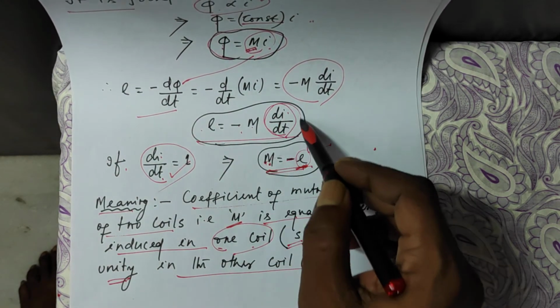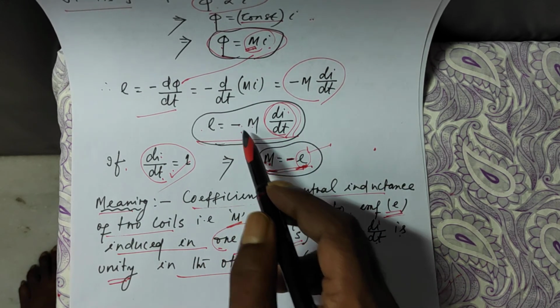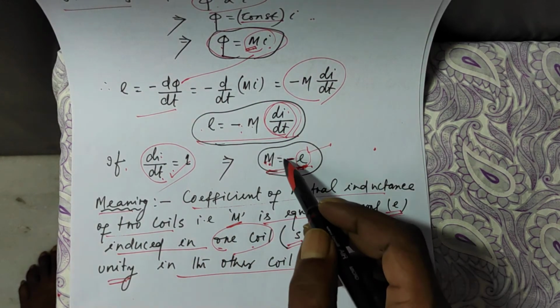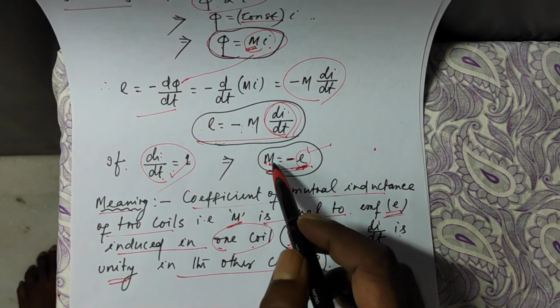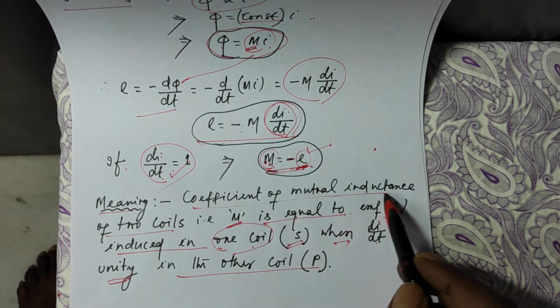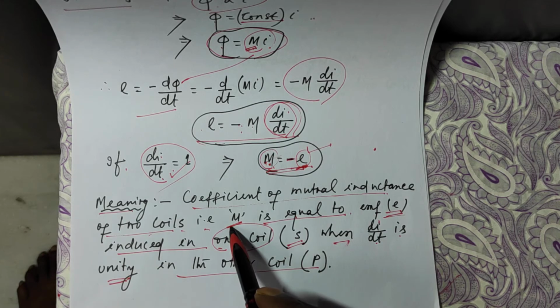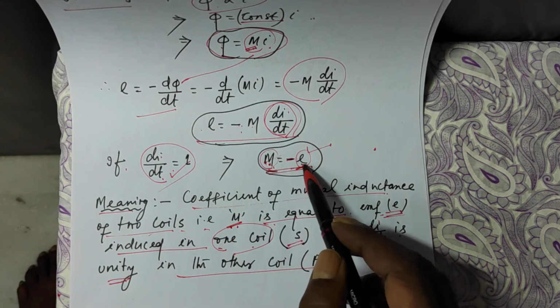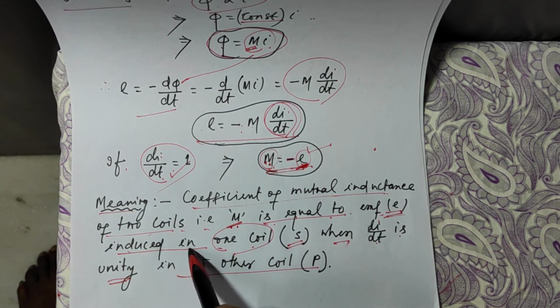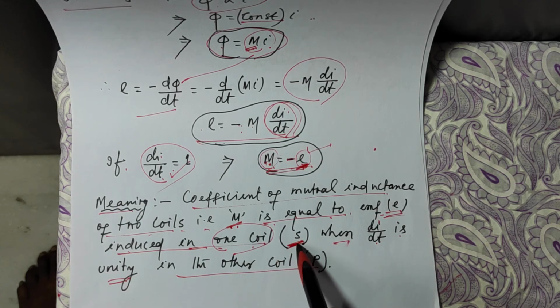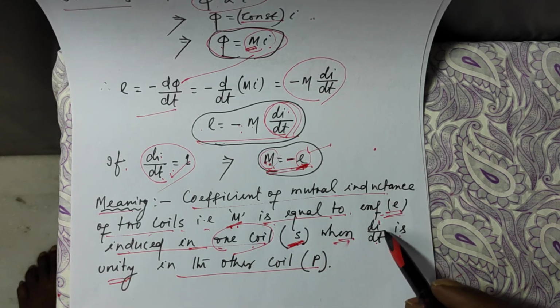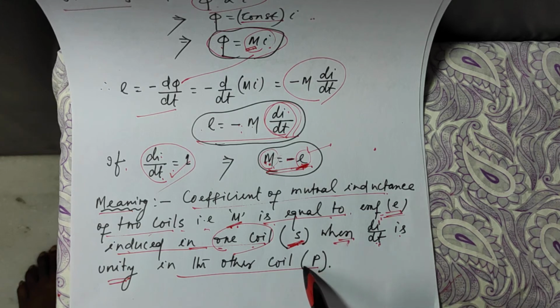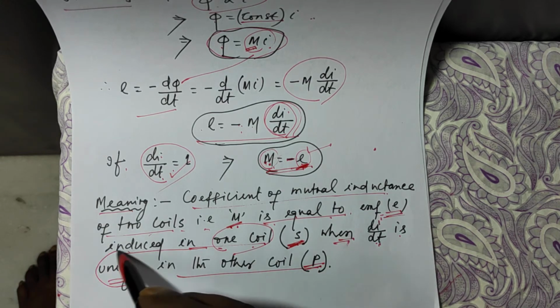So by putting di by dt equal to 1, your M becomes minus E. This is the technique used for defining. So the coefficient of mutual induction M between two coils is the EMF E induced in the second coil S when the rate of change of current in the first coil is unity. That is how it is defined.